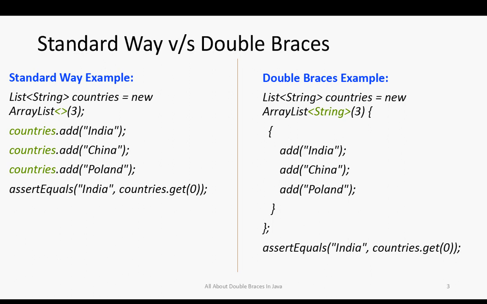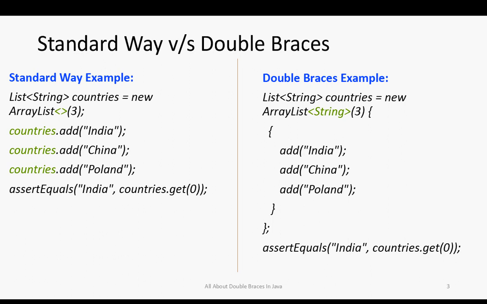As can be seen in the green, you are supposed to provide the type of object that you are going to put into this ArrayList, else it will give you a compile time error, because that is mandatory.